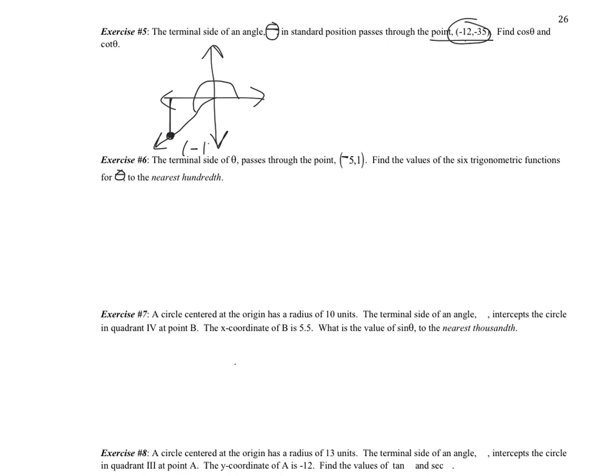So that point is negative 12, negative 35. I use those values to label my triangle. So this means my x is negative 12 and my y is negative 35. Okay, I'm going to find my hypotenuse so I can answer the questions. So using Pythagorean theorem, and I'll just do this kind of quickly.